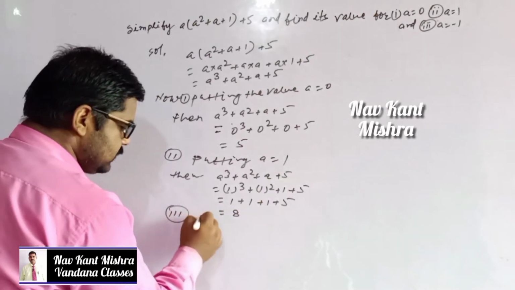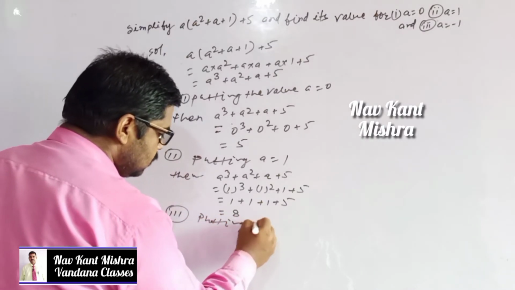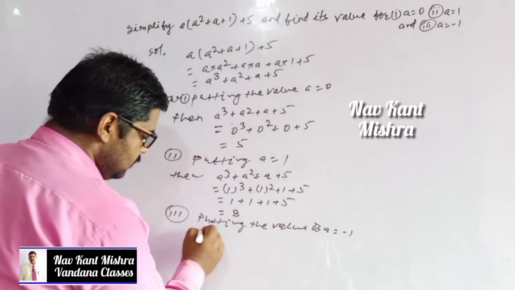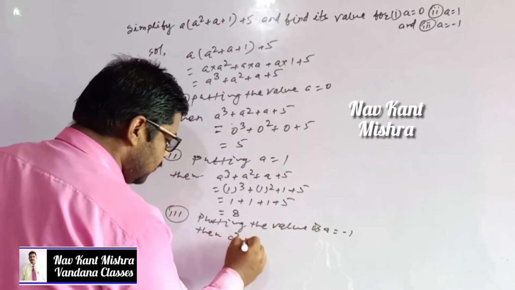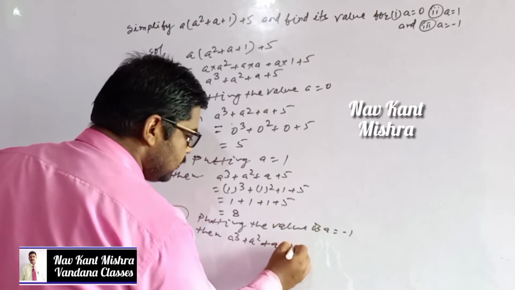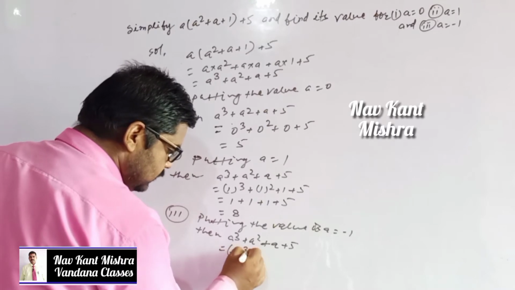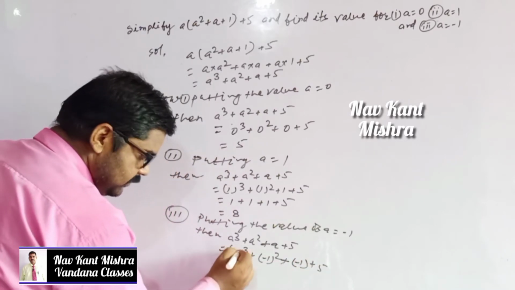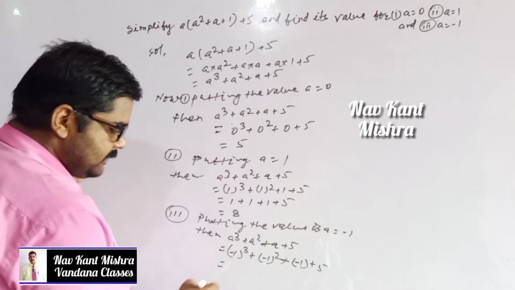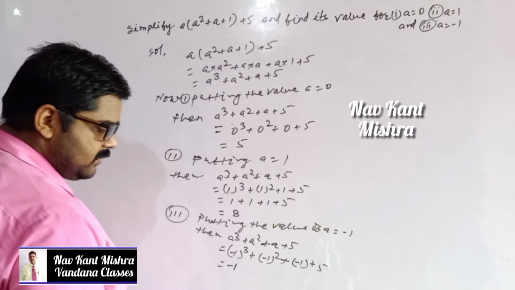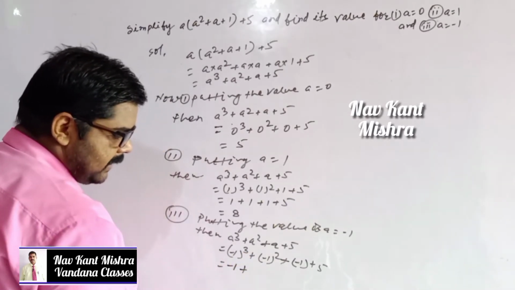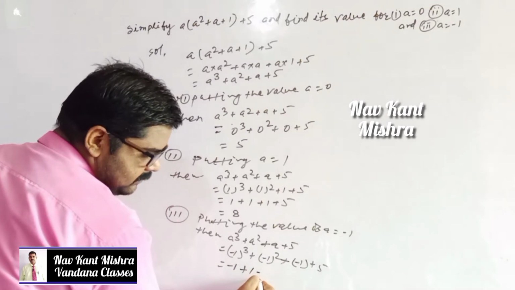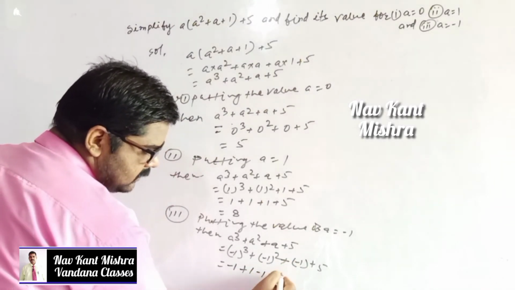Similarly, in the third case, putting the value of a is equal to minus 1, then a cube plus a square plus a plus 5 can be written as minus 1 cube plus minus 1 square plus minus 1 plus 5, and when minus 1 is multiplied 3 times, then its result is equal to minus 1, plus when minus 1 is multiplied 2 times, it is equal to 1, and plus multiply by minus, then result is minus, and there is 1, so you have to put minus 1 plus 5.